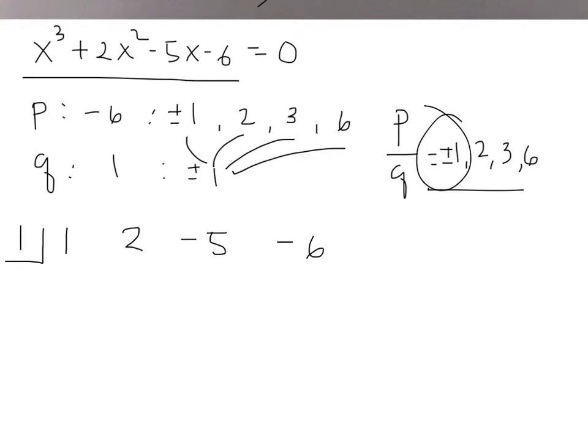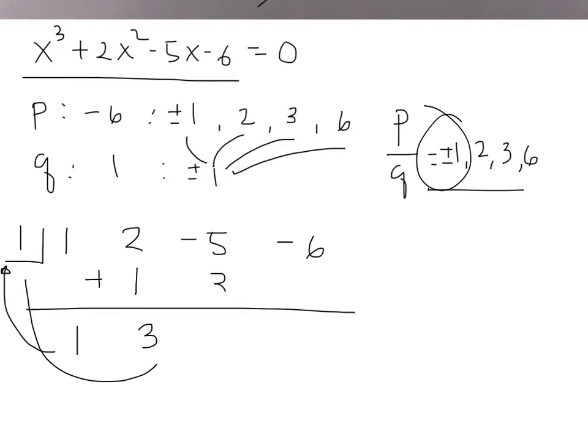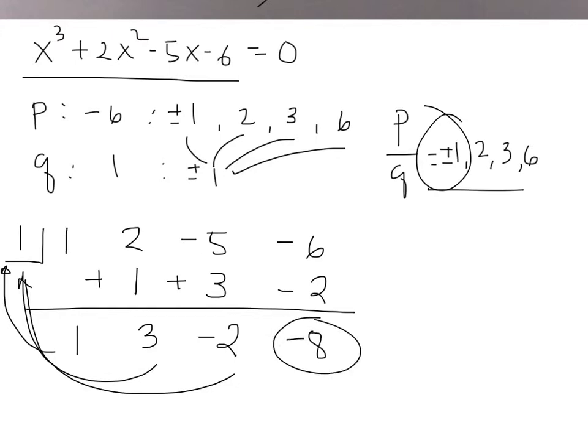Bring down the first number and then multiply it by 1. So you have 1. Then you add. This is 3. Multiply it by 1. It is 3. You add, you have negative 2. Then you multiply it by 1. You get negative 2. Negative 6 minus 2 is negative 8. This is not equal to 0. So 1 didn't work. We have to check the other values for x.